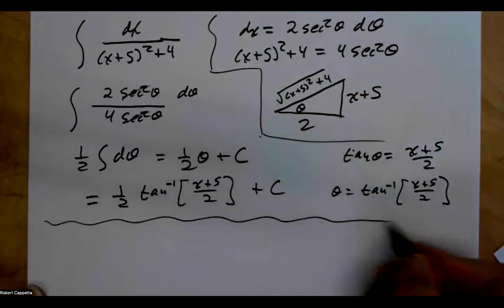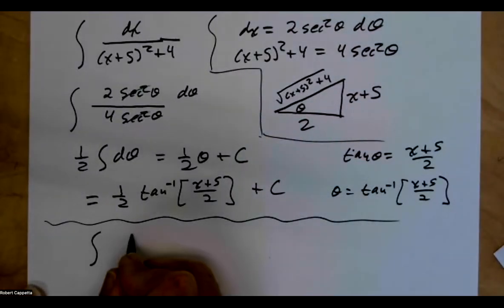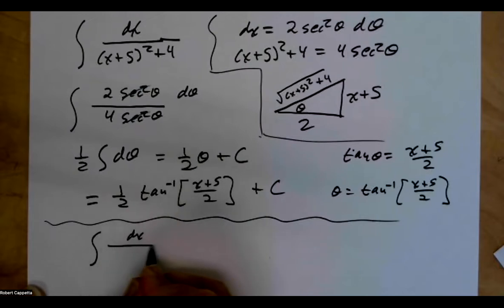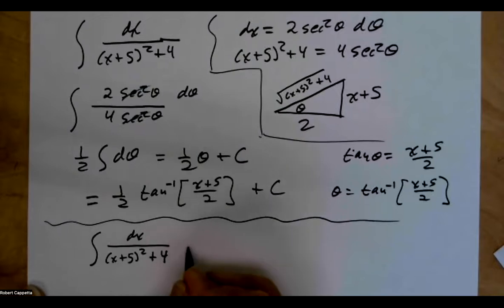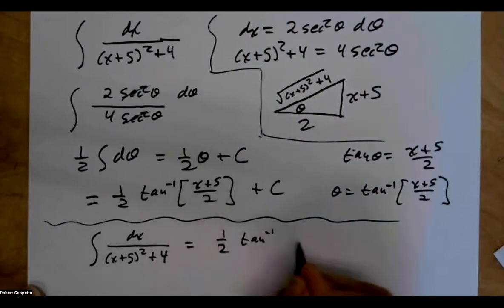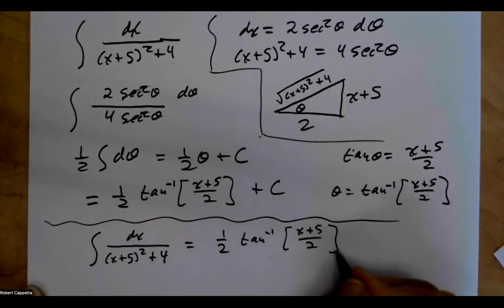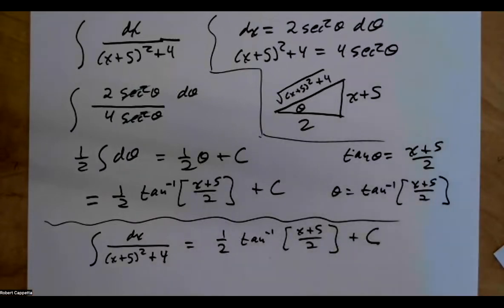So let's look at our question and our answer just one more time. We think the integral of dx over (x plus 5) squared plus 4 is 1/2 inverse tangent (x plus 5) over 2 plus c.